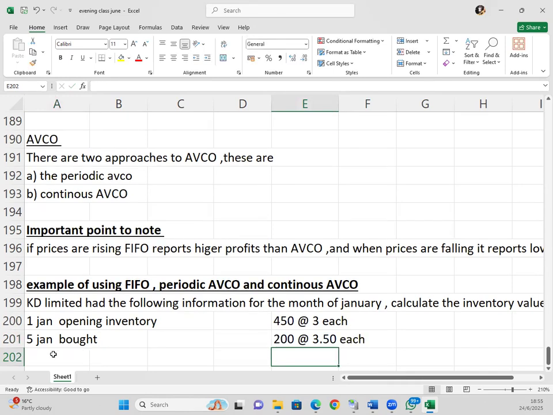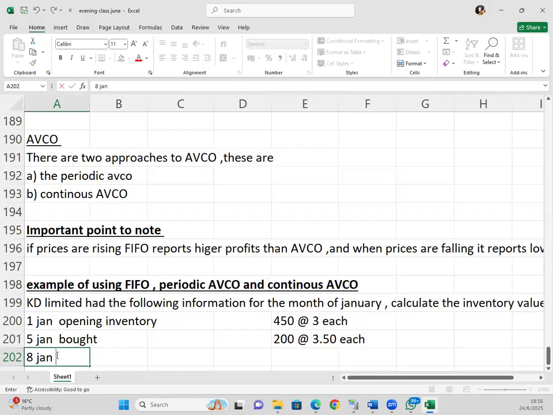Then the next date, 8 January, sold 300 units at $6 each.